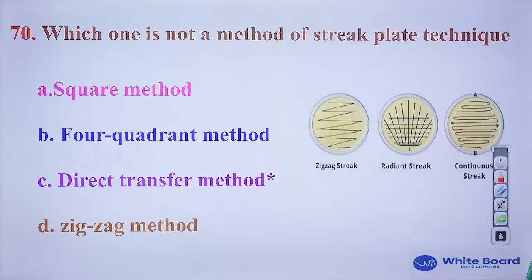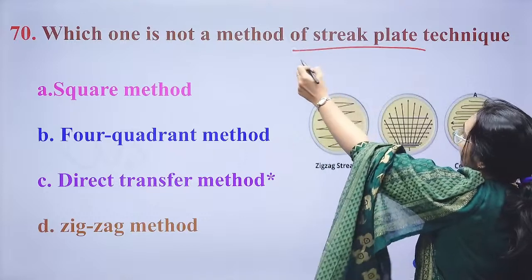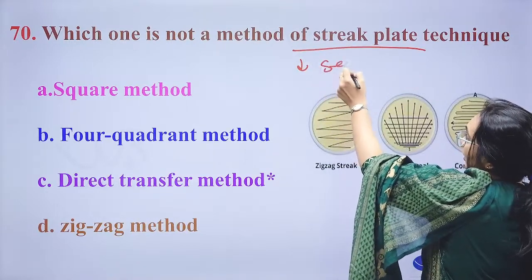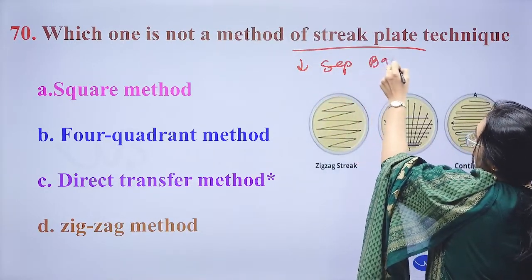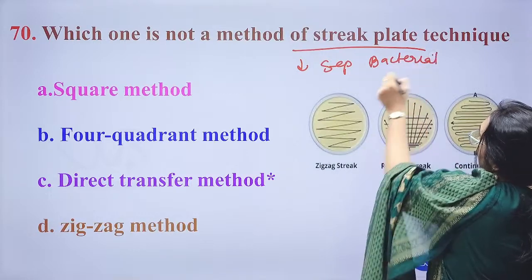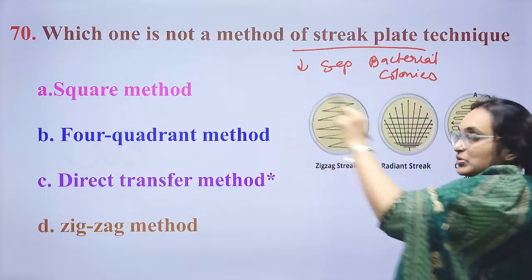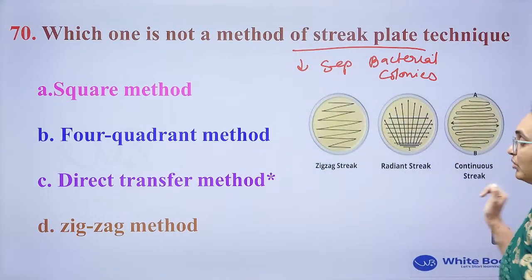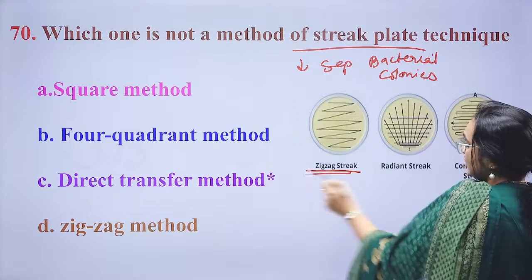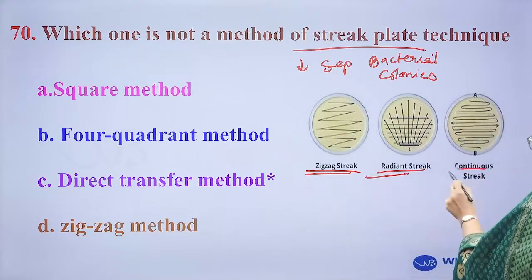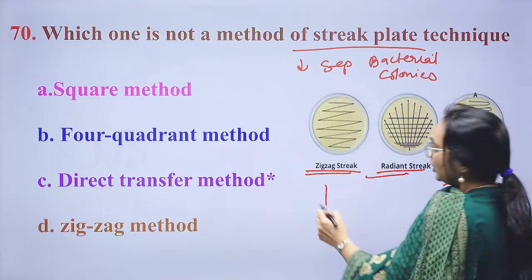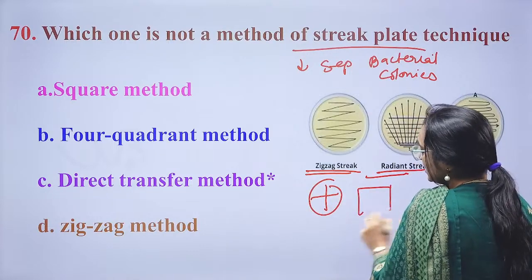Which one is not a method of streak plate technique? Streak plate is the technique which is used to separate the bacterial colonies. In this method, different types of introduction of the inoculum are there, like the zigzag streak method, radiant streak method, continuous streak method, 4-quadrant, square, zigzag.